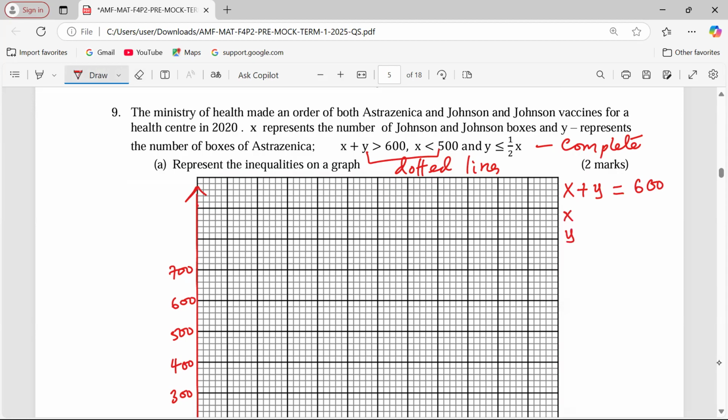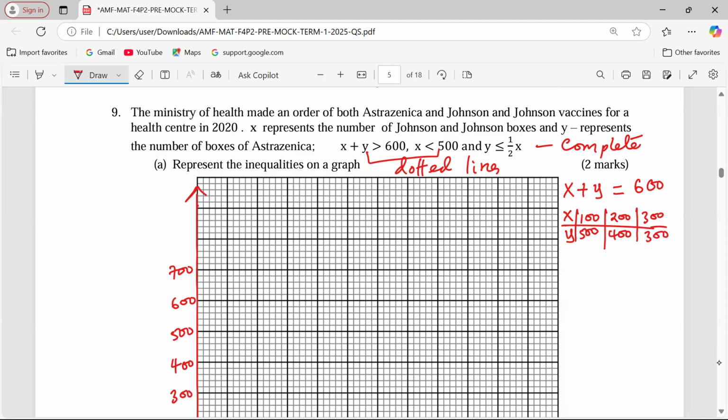So we can take some values here, whereby when x is, for example, 100, what will be the value of y so that they give us 600? This will be 500, of course. When x is 200, for them to give us 600, y should be 400. 300, 300, so that they give us a total.